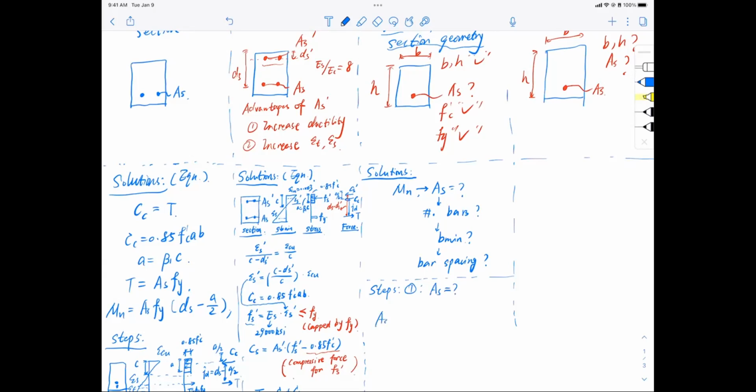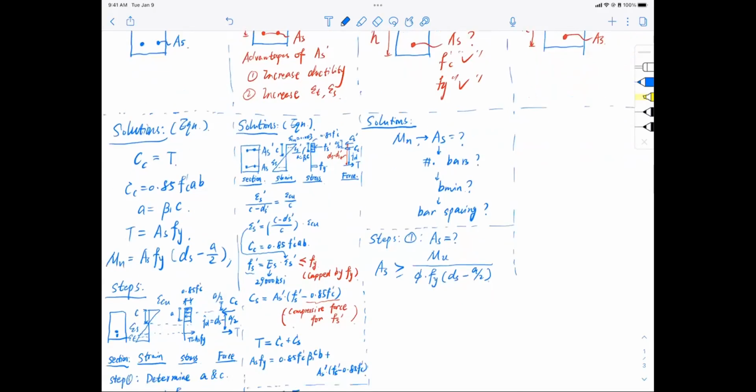So As has to be greater than or equal to Mu. Again, Mu is the factored moment, usually given, divided by phi Fy (ds minus half a).